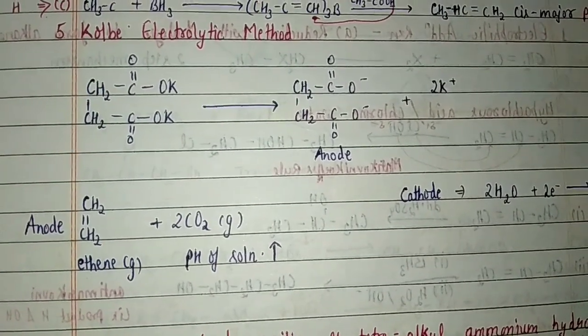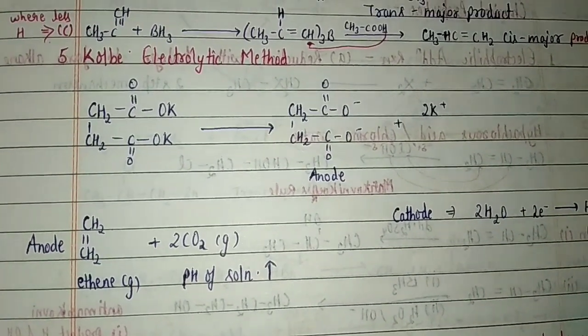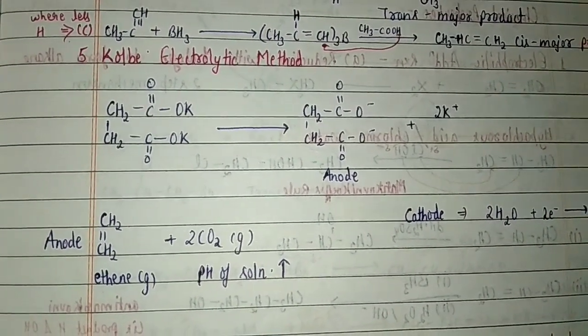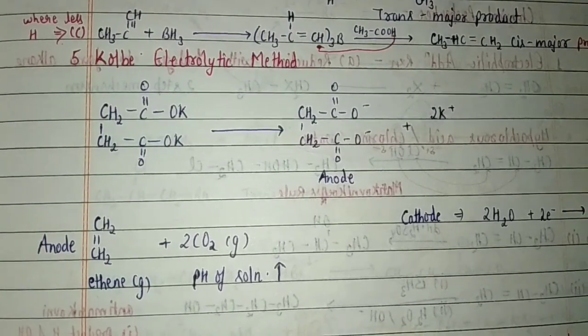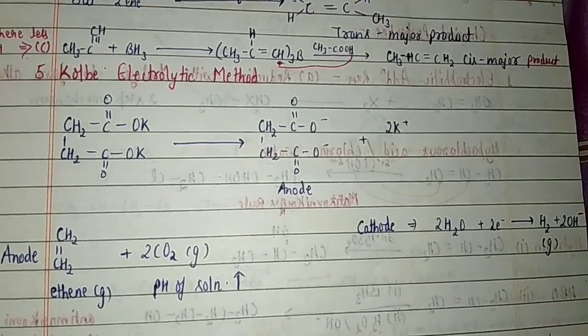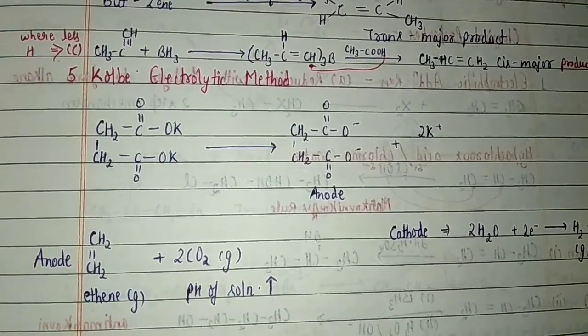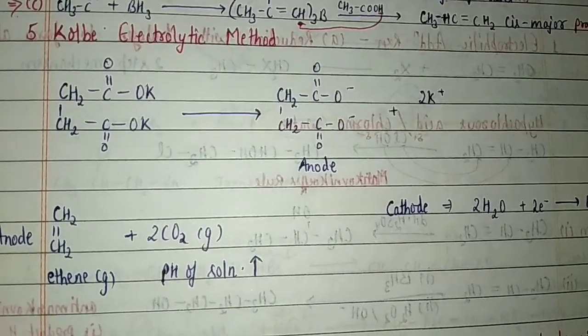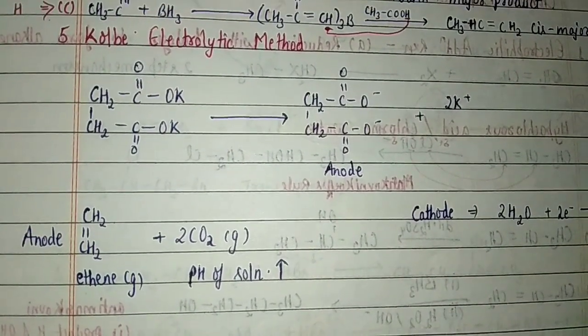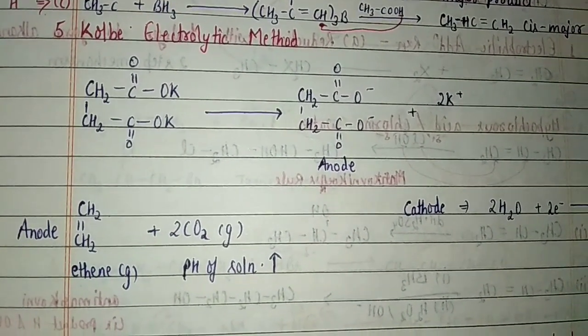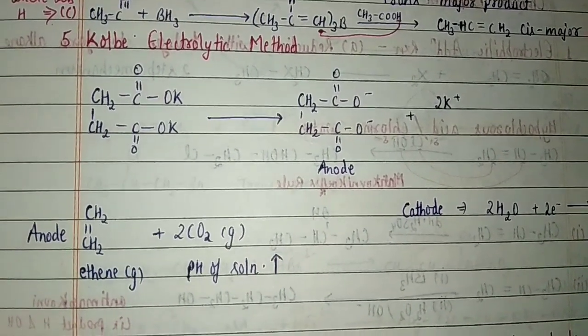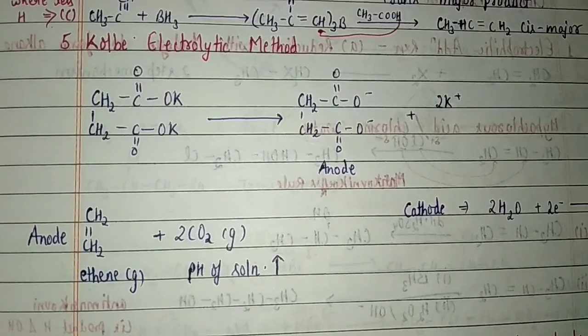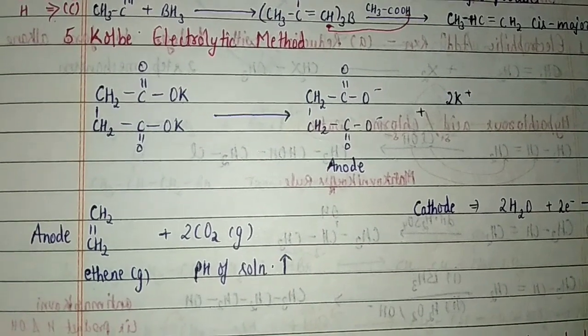There we get the CO2 gas and the ethene, or the alkene product, at the anode. At the cathode we get the hydrogen gas. How is it going to break down? Like this: CH2, C double bond O, O negative, and then potassium, and this is further going to be oxidized to produce carbon dioxide gas.